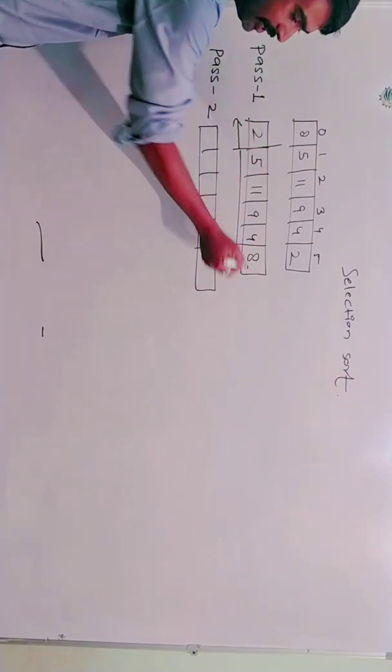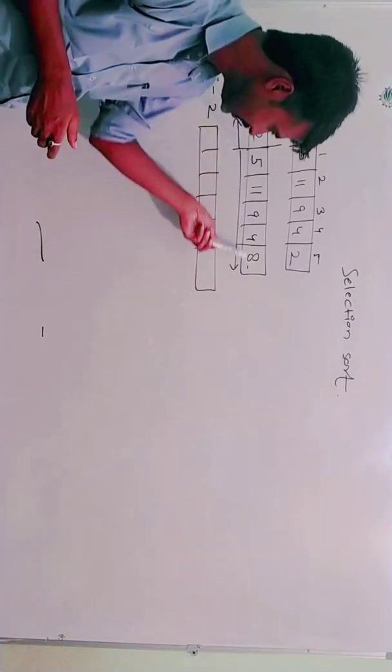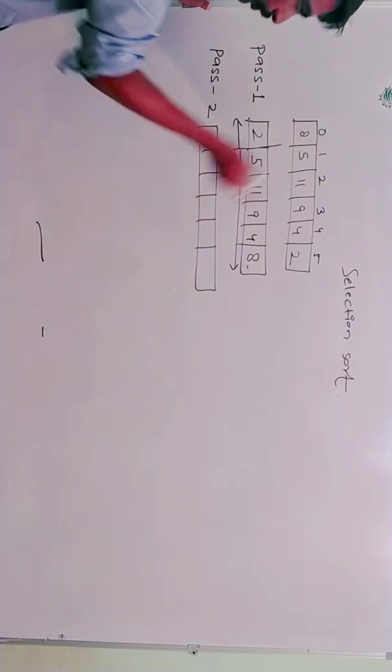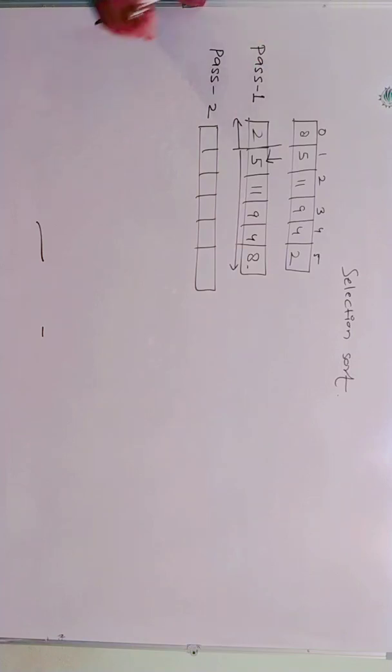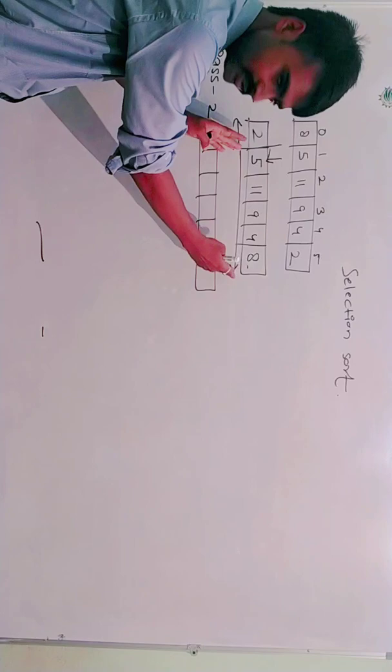What is the smallest element in this sub array? It is 4. So 4 will be replaced with the first element of this sub array, not this array, this sub array.